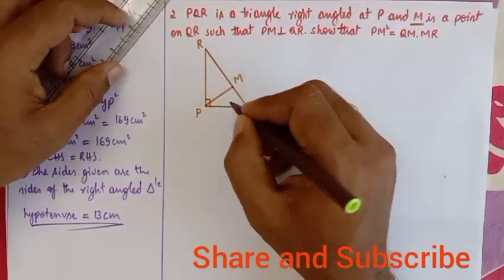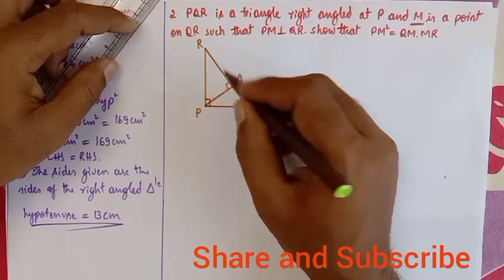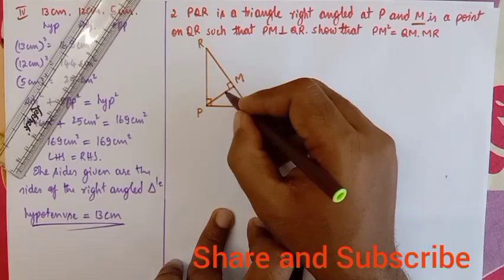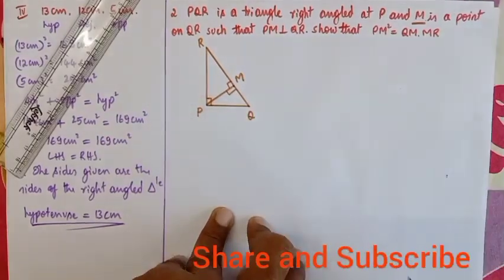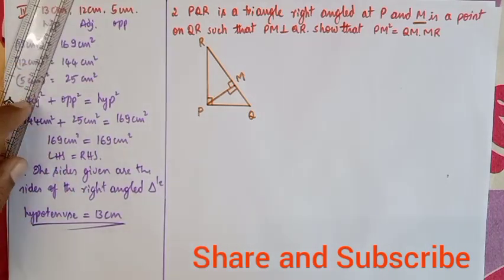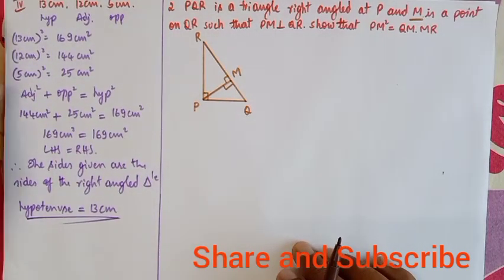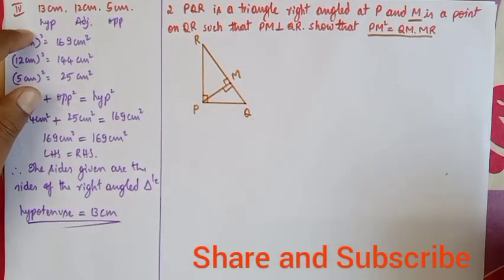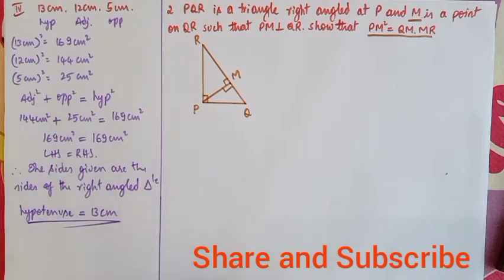This line PM is perpendicular to QR. So this will be equal to 90 degree. And then what we have to prove here? We have to prove that PM square is equal to QM dot into MR.